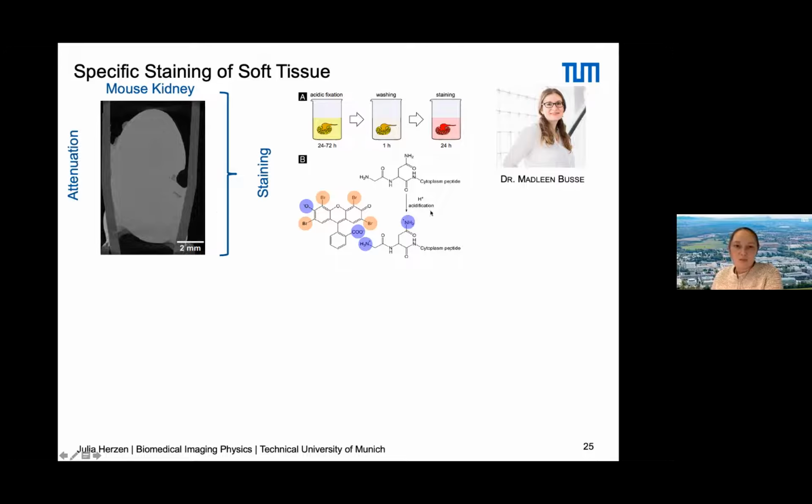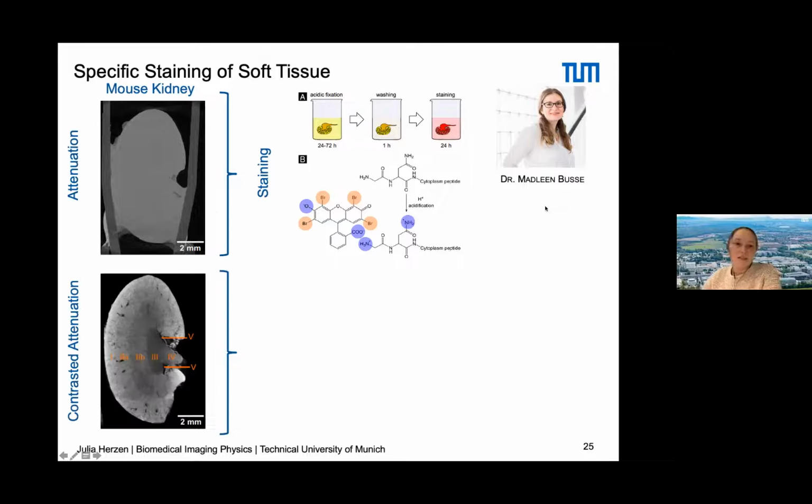If you scan a mouse kidney with attenuation contrast with the standard micro-CT without staining, you get something like that. What Madeleine is working on is she looks into different staining procedures which are used for histology. The standard histology in the clinical perspective, which the pathologists use, is well described and well known, and you can also very specifically stain a special feature or special type of cell organelle.